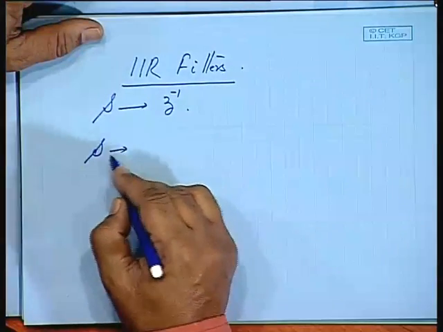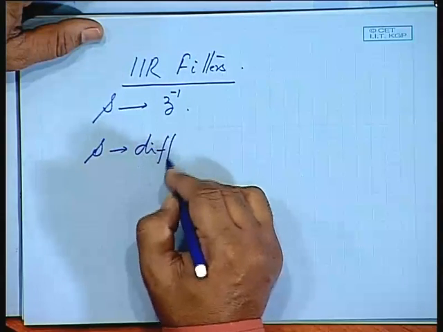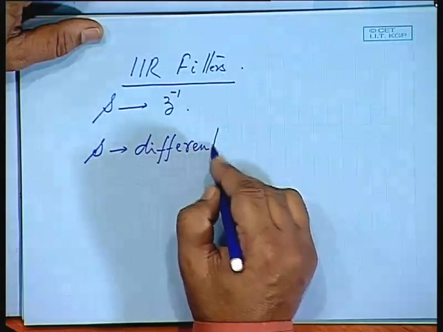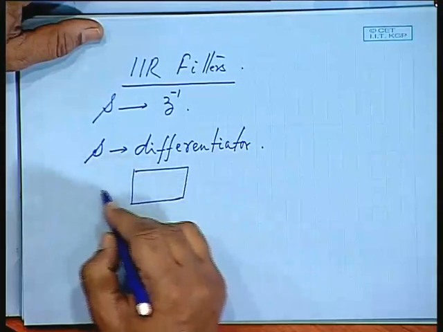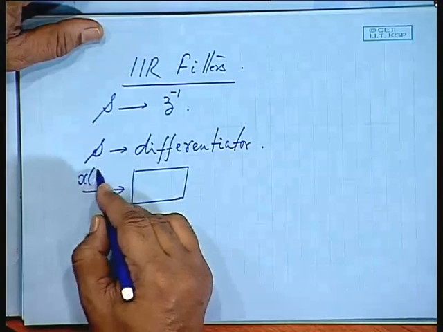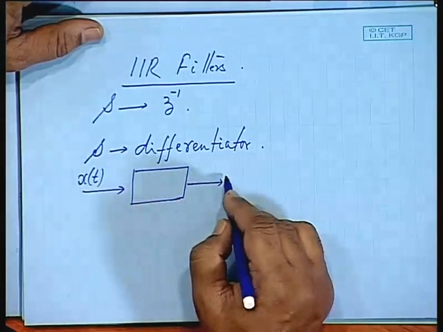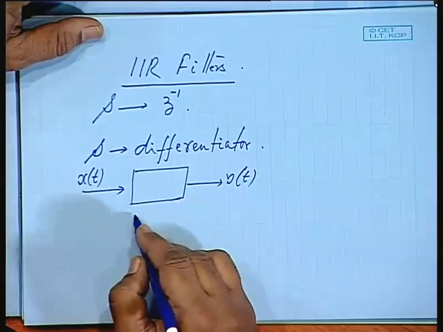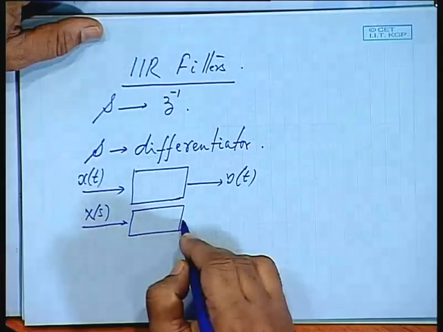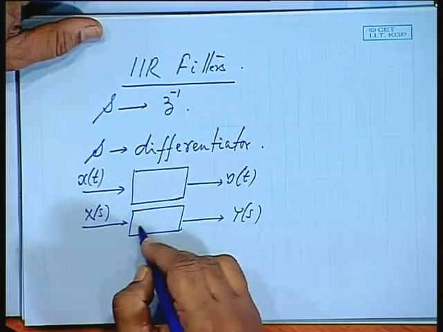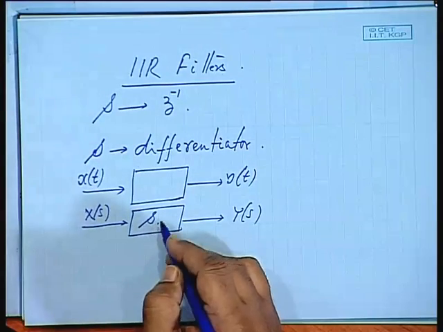Now, as I was mentioning last time, the approximations that we can make are like this. S can be treated as a differentiator or a differentiating element. That means, if I have in the time domain a function x(t) and corresponding output is y(t), then in the transform domain, if I take X(s) and this is Y(s), then this element will be s.